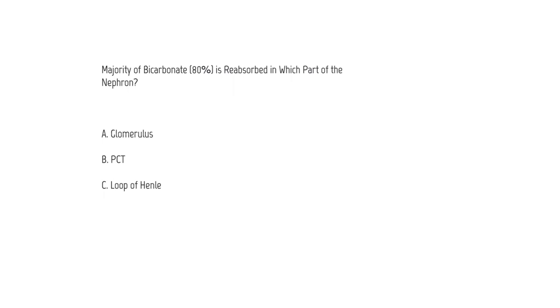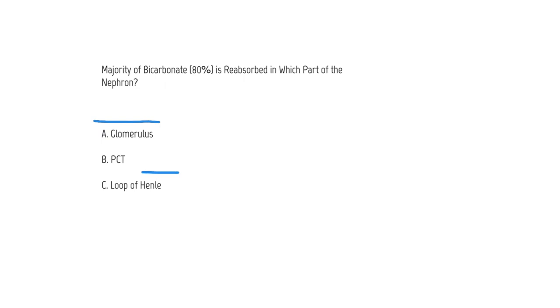Question 2, majority of bicarbonate is reabsorbed in which part of the nephron? Remember that one of these parts of the nephron is going to reabsorb 80% of all bicarbonate. Well, we can cross off a few of these choices, as the glomerulus is not even inside the nephron, so that's not doing any reabsorption.